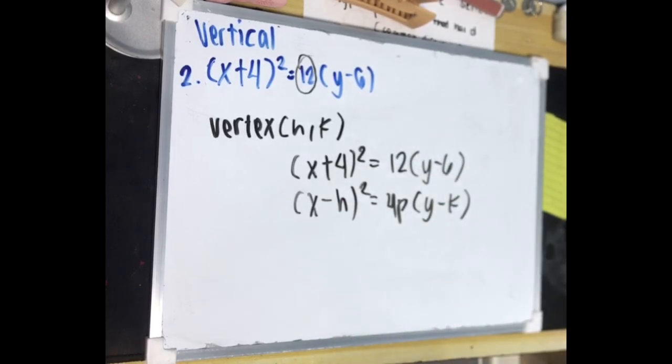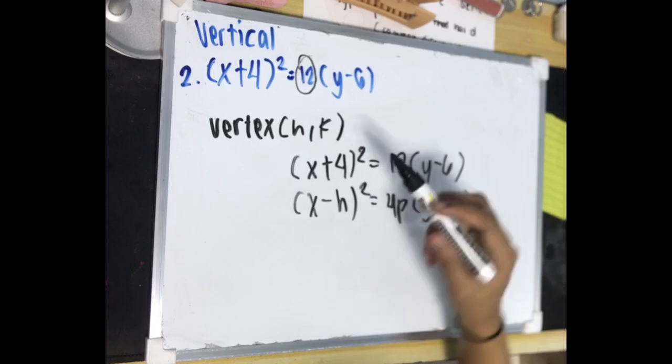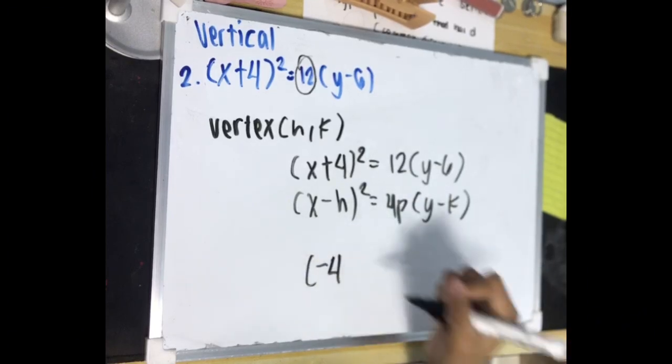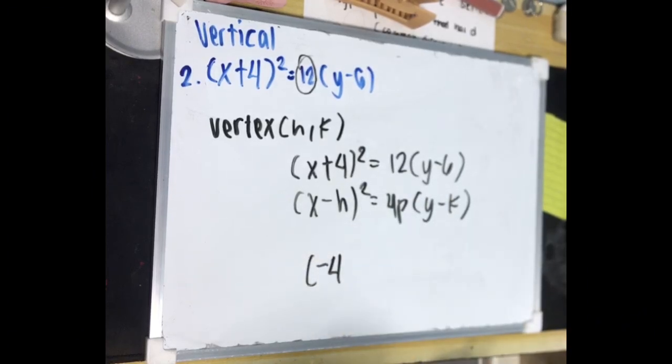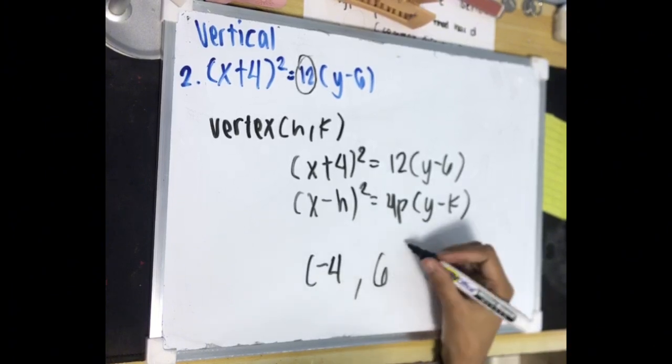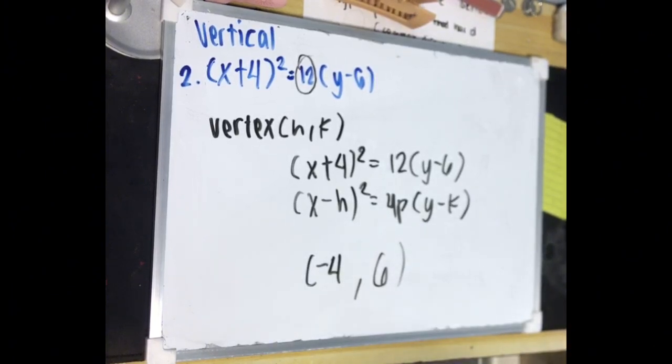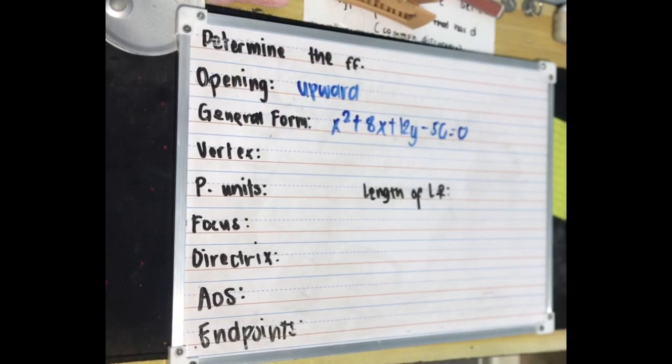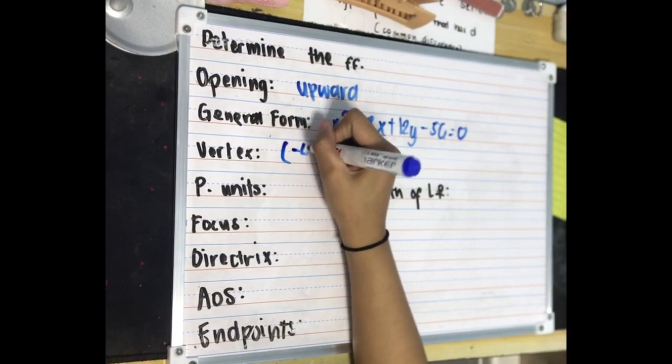Same rule as in the horizontal, the signs of k and h are switched. So, our h is negative 4, and our k is positive 6. So, that is the answer. Our vertex is negative 4 and 6.